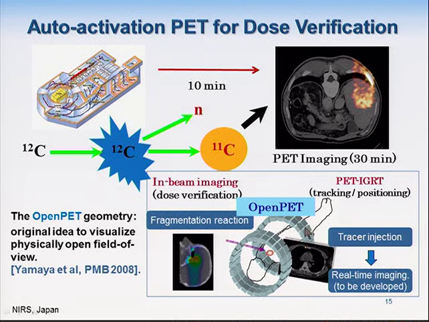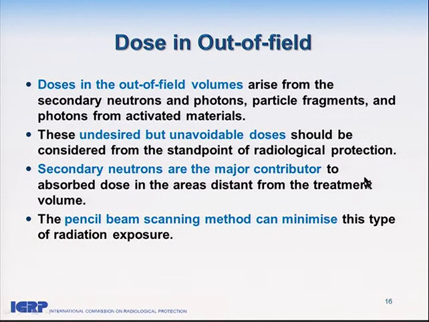The advantage of this open PET system is that we can acquire the image between these two rings. This is the trick of this new system. Therefore, there is a possibility that we can monitor the treatment effect just after the treatment, or even during the treatment. This is a new technology, but I will not go into detail.